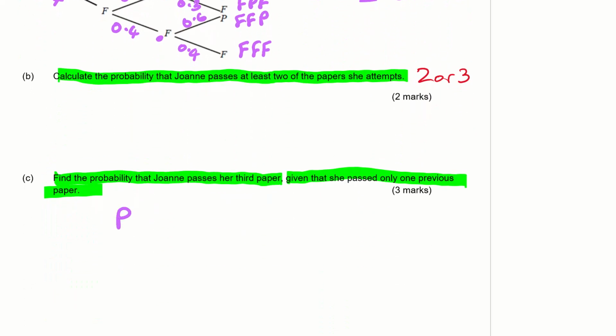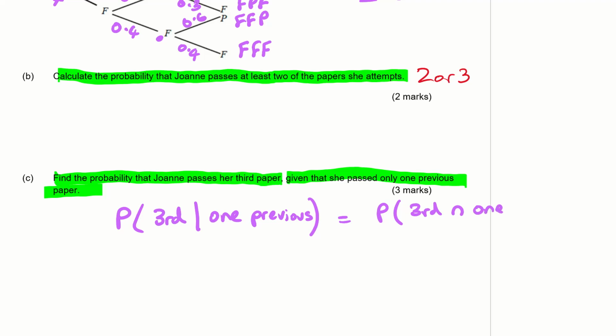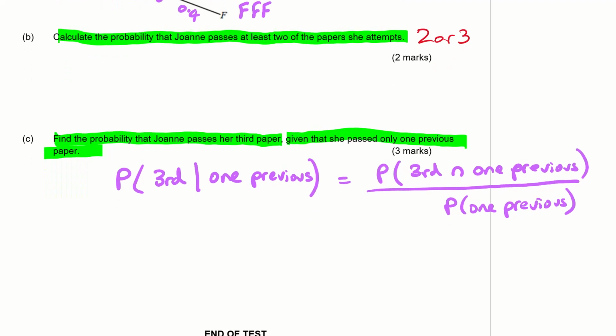So we've got probability passes the third, given 1 previous, is equal to the probability of third and 1 previous, divided by the probability of 1 previous, which essentially, I think, is going to mean 1 of the first 2.